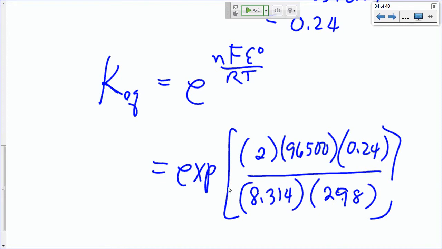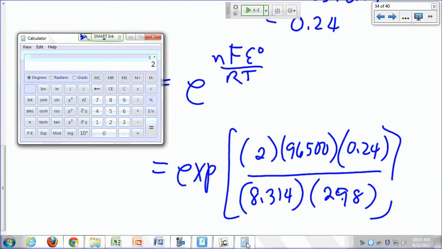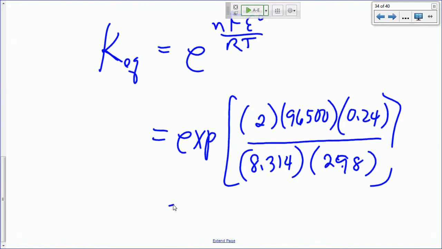So what would that be? 2 times 96,500 times 0.24 divided by 8.314 divided by 298. That gives me 18.70. So this is e to the 18.70.